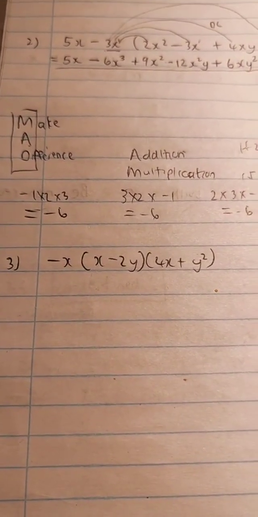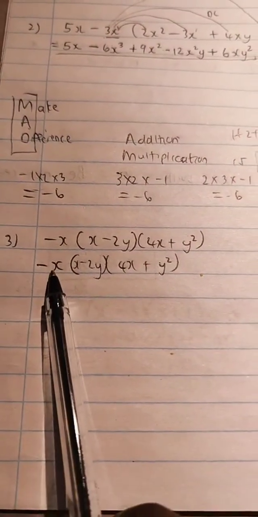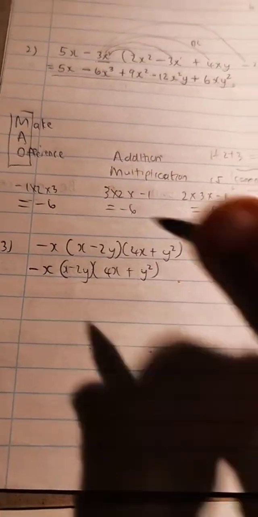All right. So if we decide, for instance, to take -x and allow it to just be here outside, then we decide, let us apply FOIL. Remember the distribution of 2 brackets.